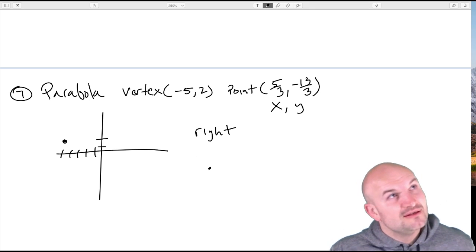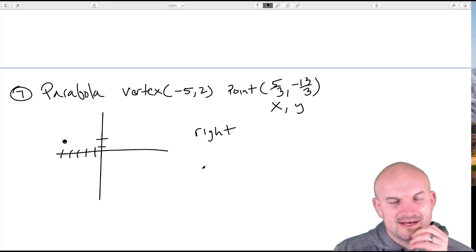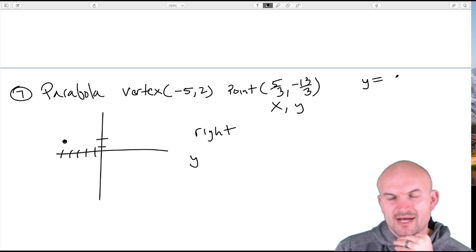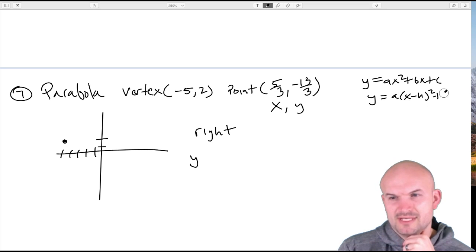So if it opens up to the right, let me see if I remember these equations. You guys are bringing back my memory here on this spot. So the equation here, we already did y equals ax squared plus bx plus c. We did y equals a times x minus h quantity squared plus k.